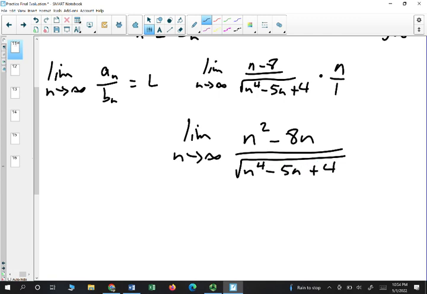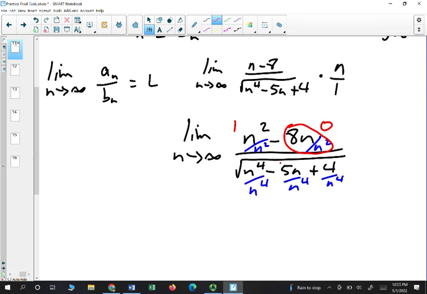And now let's take the limit. So we're going to divide everything by, well, in the denominator we could divide by the highest term, which will be n to the fourth, and that's inside the square root. When it comes to outside the square root, we could divide by n squared. So that means we're left with 1. This would reduce to 8 over n, which will go to 0.